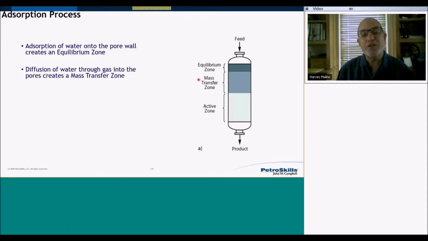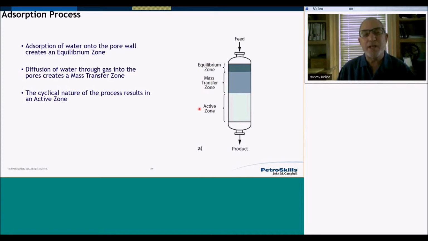You have a mass transfer zone, and the reason for the mass transfer zone is that the water will not find its way into the internal pores immediately. It goes through some resistances, and it takes time for that water to find its way onto the surface of the interior pore structure. And then finally, because of the cyclical nature of the process, you have an active zone.